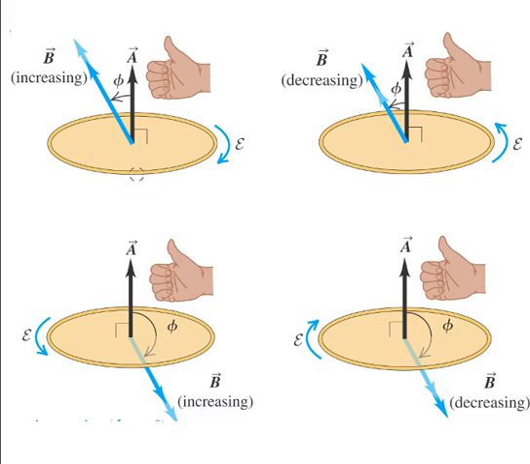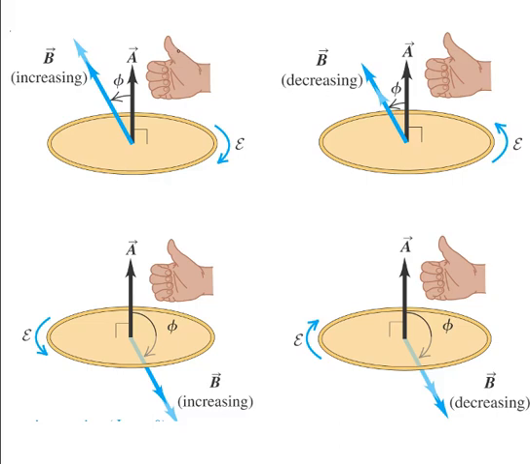Okay, so let's kind of see how this works. Let's get rid of this version of it. What the problem is supposing is that we have chosen the area vector up, and once you do that, then apply the right-hand rule.